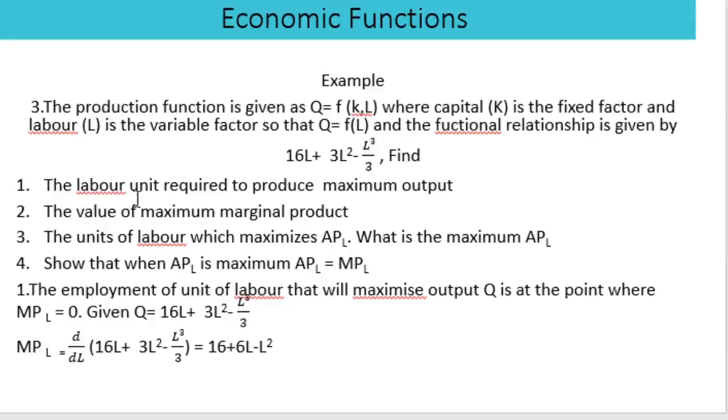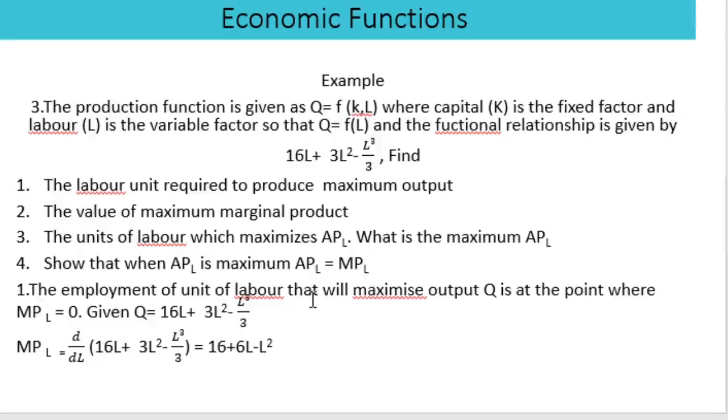Find the labor units required to produce maximum output, the value of maximum marginal product, and the units of labor which maximize average product. What is the maximum APL? Show that when APL is maximum, APL equal to MPL.